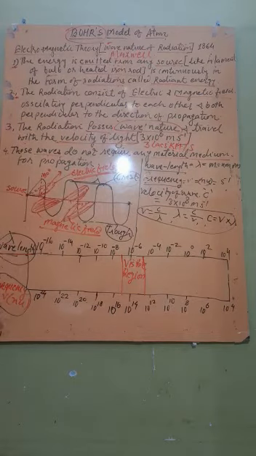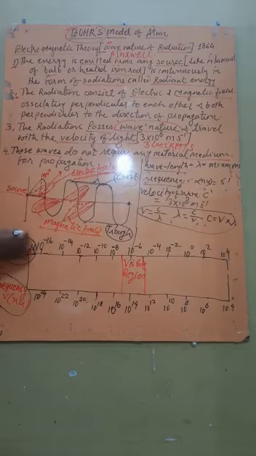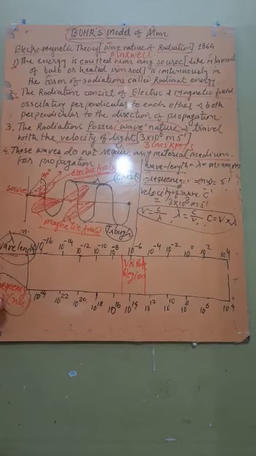Frequency could be in the upper part and wavelength in the lower part. So while you refer to my notes and notes given in any book, you have to concentrate here. Otherwise, it will develop confusion. So student, here the wavelength is given in meter and the frequency is given in nu per second.